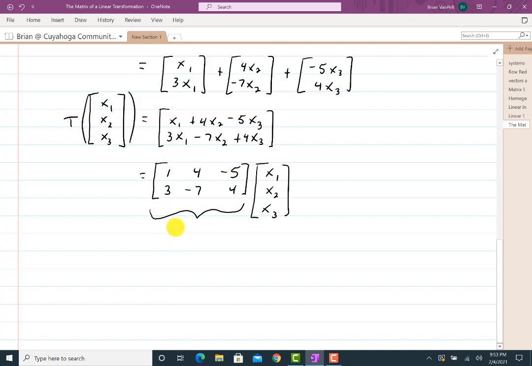This is called the standard matrix for T. Last time I mentioned that not every linear transformation was a matrix transformation.